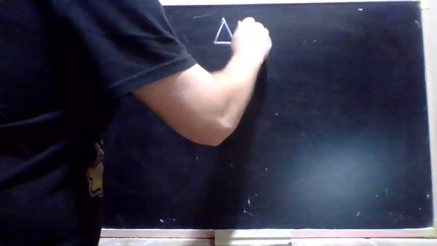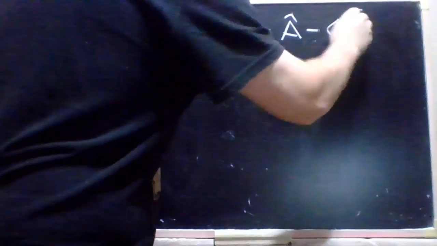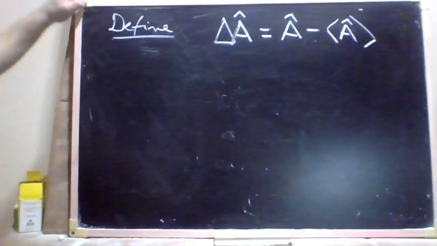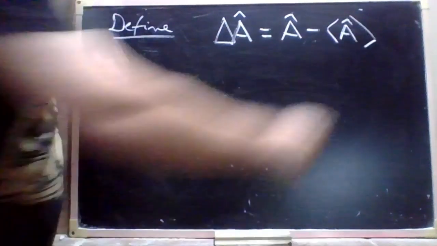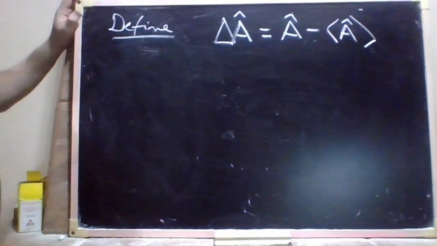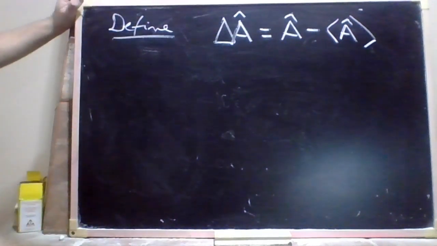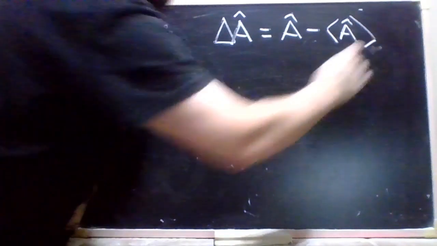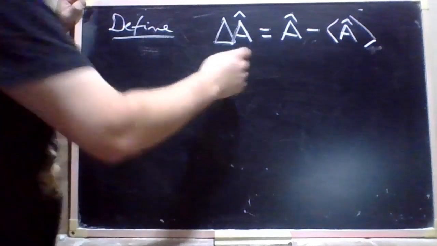Usually you define this operator delta of A. This is the operator A minus the average of A, the average with respect to that state psi. I will not write it down here, just to make the notation a little bit clean. I would put psi here, but it just makes things more complicated, perhaps.